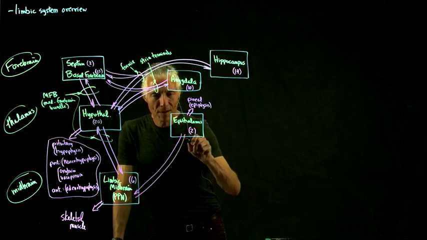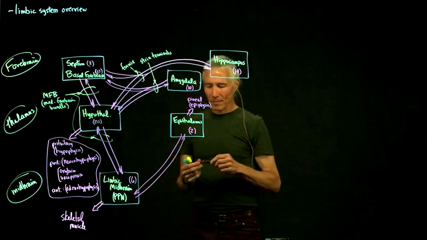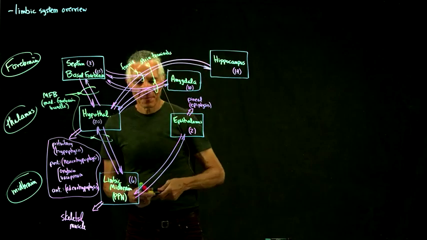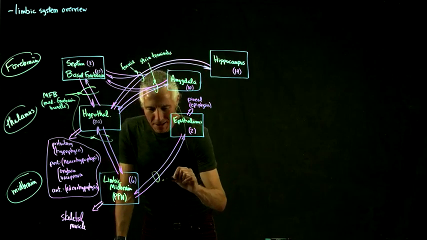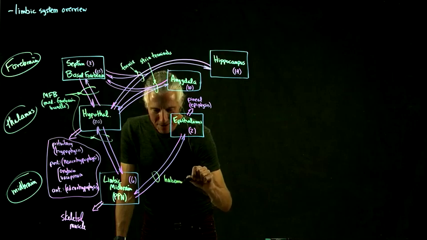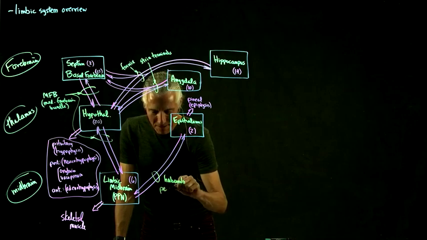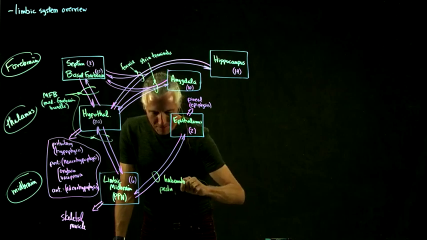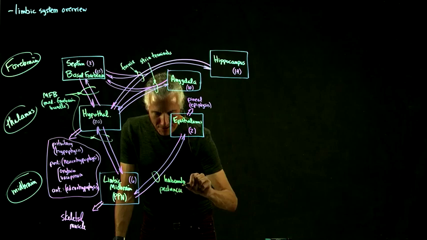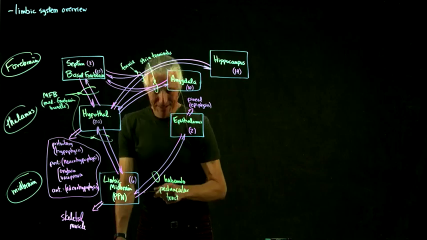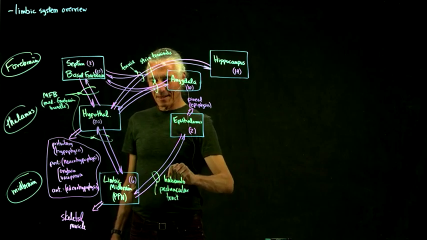It's a big bundle of fibers that hooks up the epithalamus to the limbic midbrain, and it is called the habenulopeduncular tract. One of the things it goes to is the pedunculopontine nucleus.